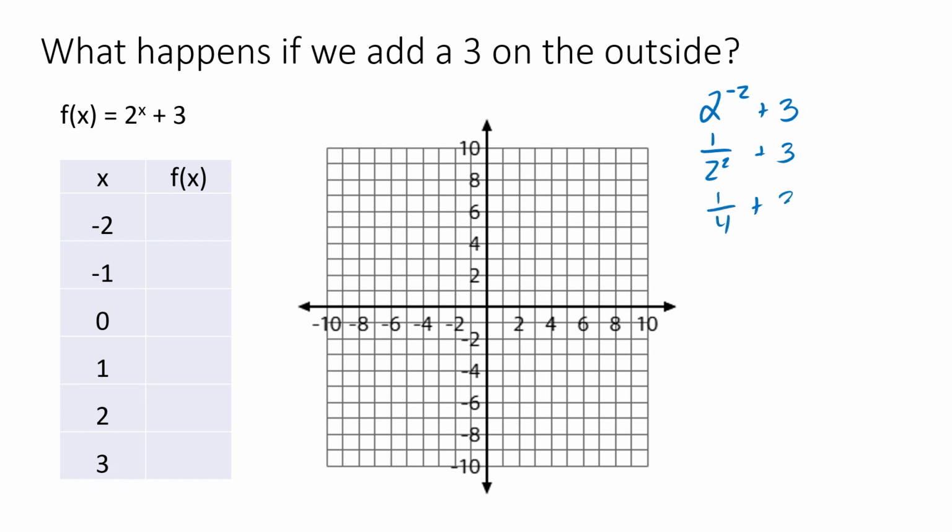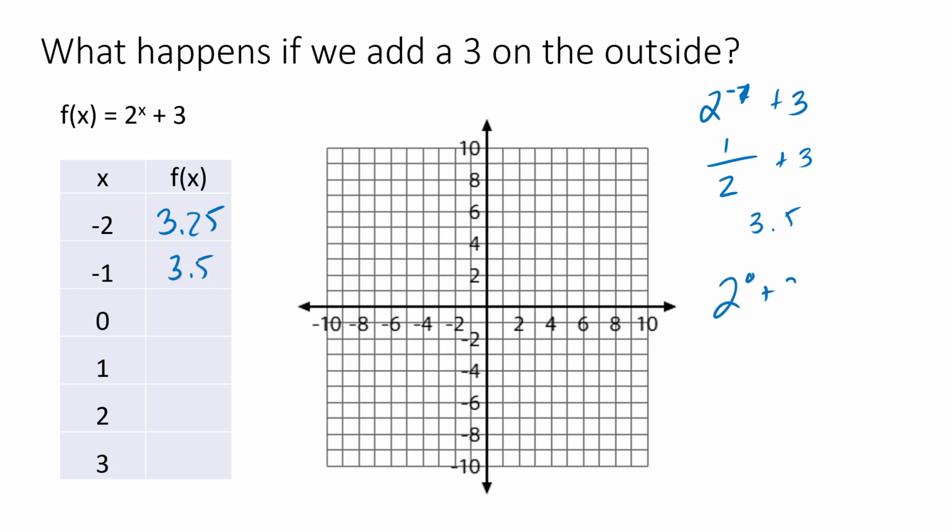It's still 1/4, which is still 0.5 and 0.25. And so we're going to add 3 to that. Same thing will happen when we do 2 to the -1 plus 3. So 1/2 plus 3, which would give me 3.5.